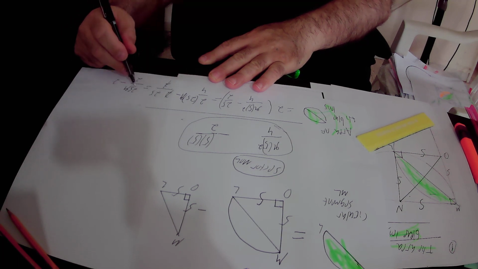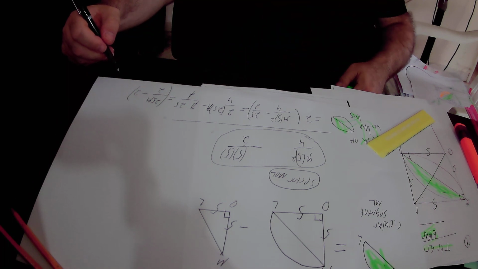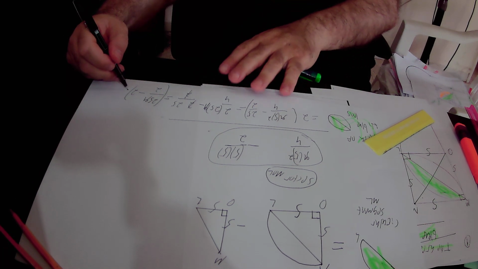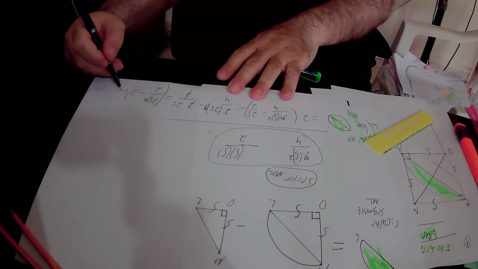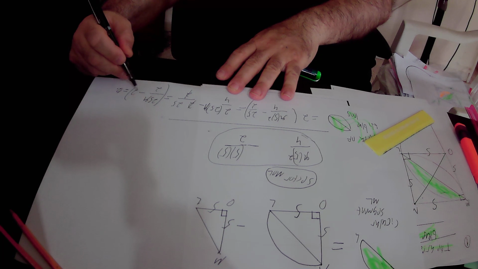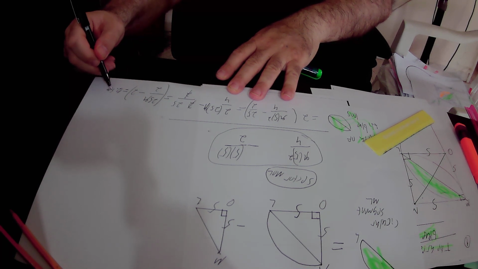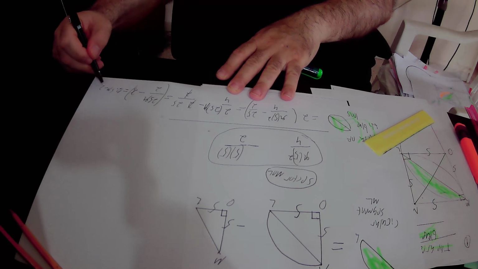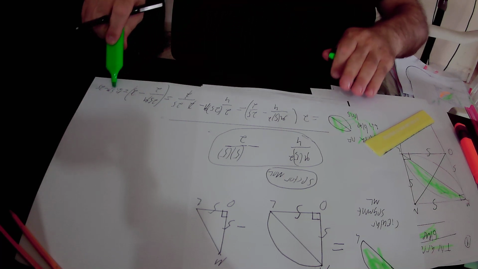So in conclusion, the area of the blue lens is equal to, 25 over 2 is 12.5, so this expression equals in total 12.5 pi minus 25. Okay.